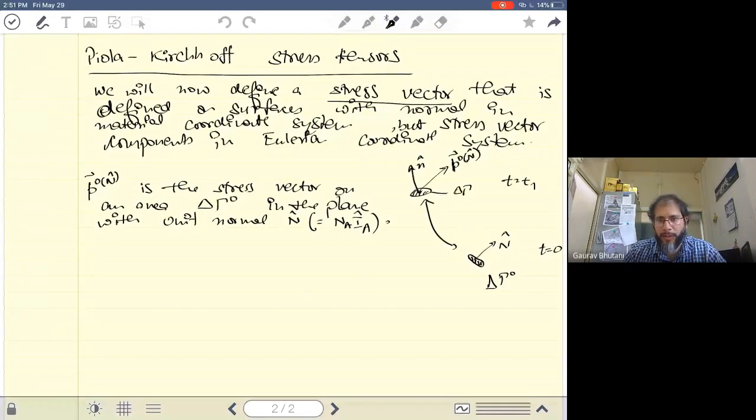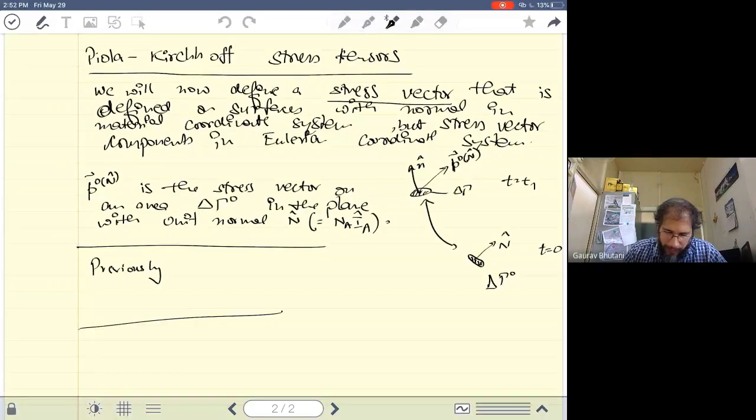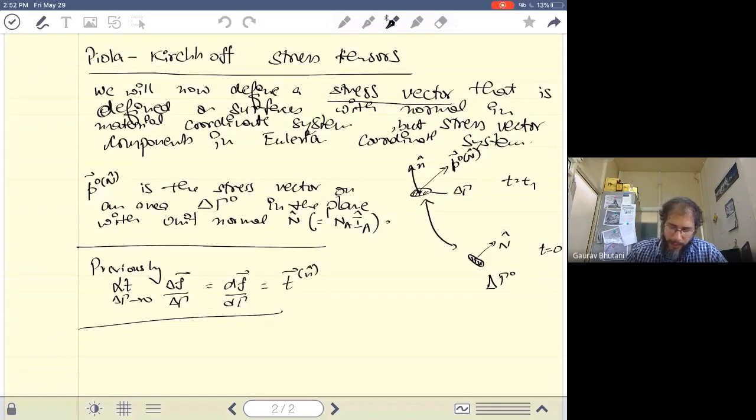But remember that the forces are still the same. It's how we define the stress vector. So remember previously we had defined the limit as delta gamma tends to 0 of the force acting at point P on that plane divided by the area, given as dF by d gamma, which was defined as the traction vector T superscript n hat.